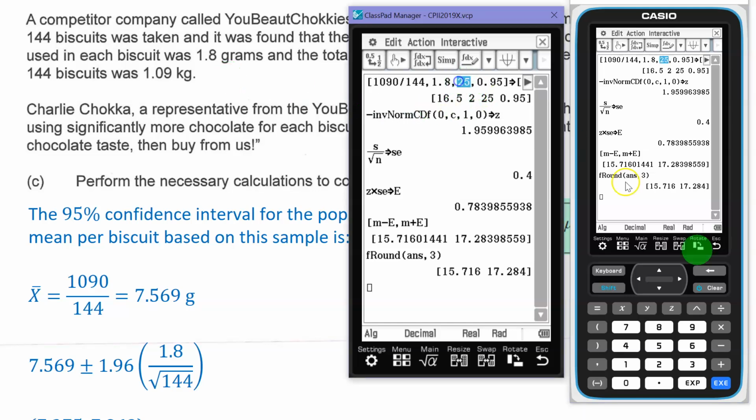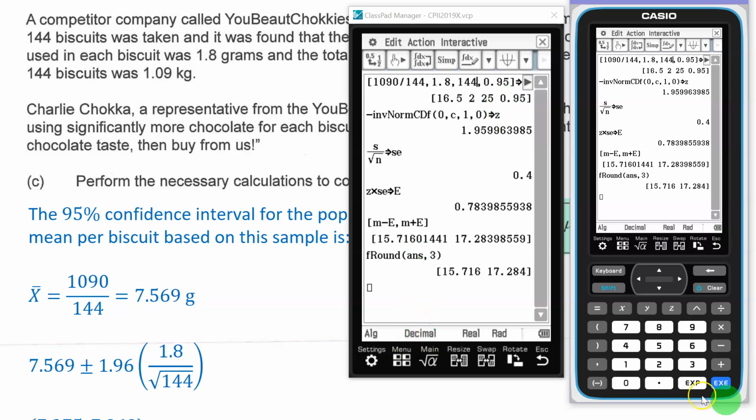The sample size was 144, and we may as well do a 95% confidence interval. It's a fairly standard level, a 1 in 20 chance that it's going to give us the wrong result.